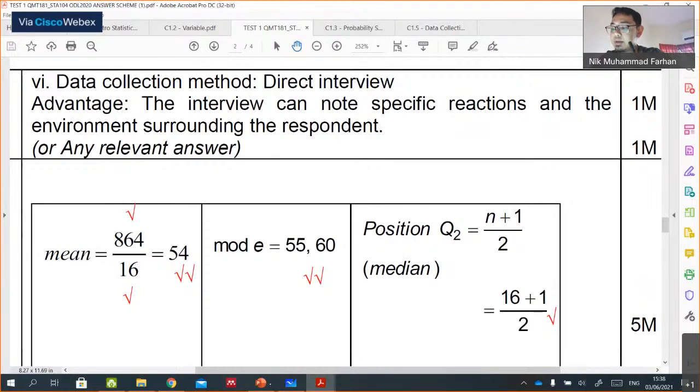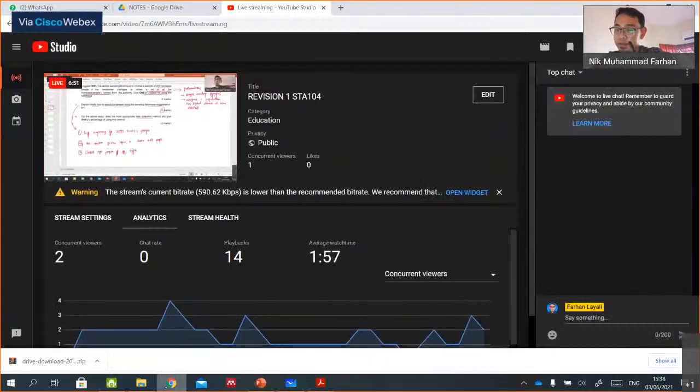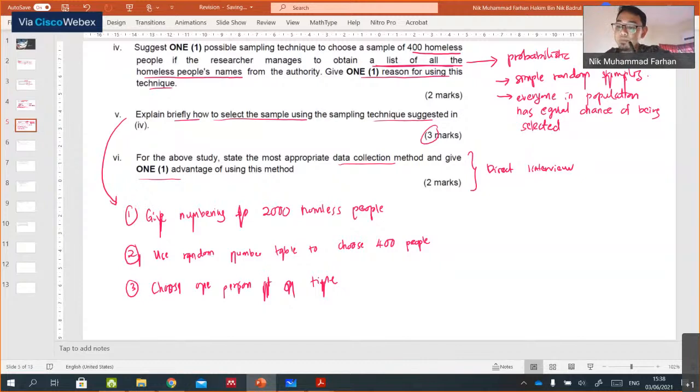Alright. So we can do direct interview. Tapi make sure jaga SOP lah kan. Sebab ini adalah during MCO kan. Right. So direct interview. Okay. Alright. Why? Give advantage.